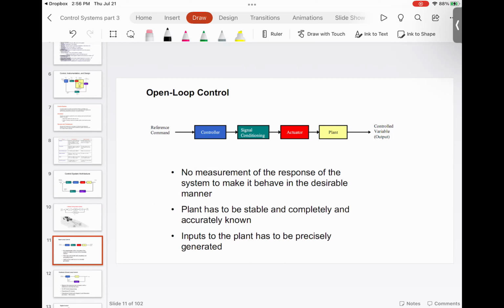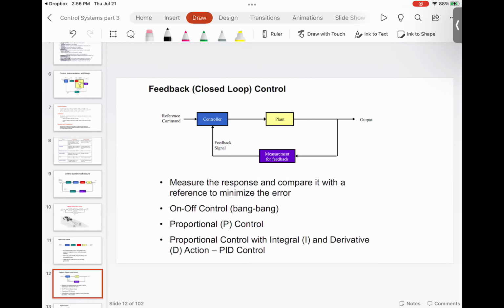You don't check. So that is what an open loop control is. In the feedback control, you have an output, you sample, and that gets fed to the controller, and you have the error, and that error is utilized to control the output. So basically, this is the simple fundamental principle behind the control.